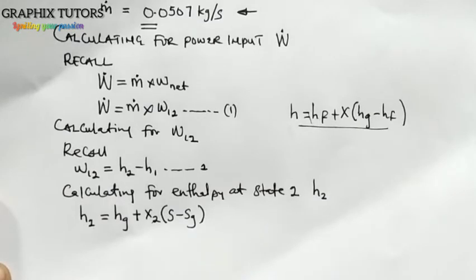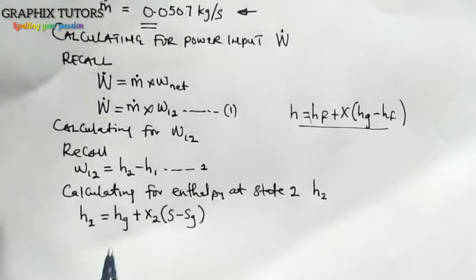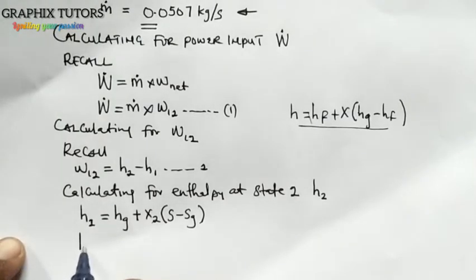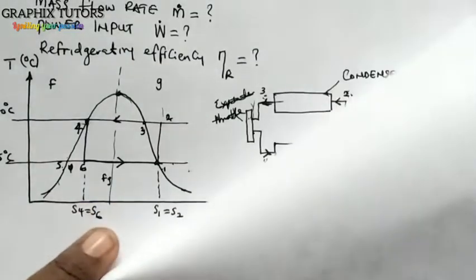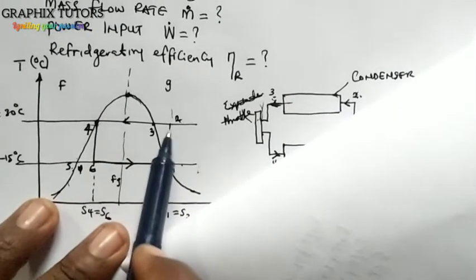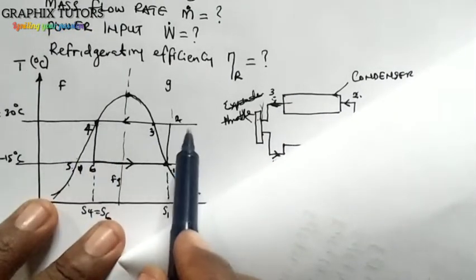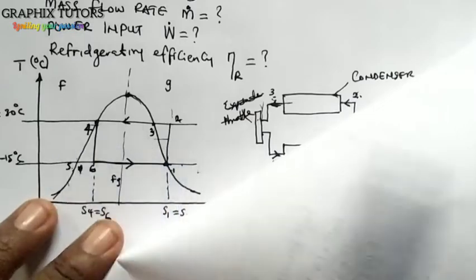Now I can rewrite this. If you look at H2, we're looking for H2, right? H2 is at what state? You check here, the temperature of H2 is 30 degrees Celsius.